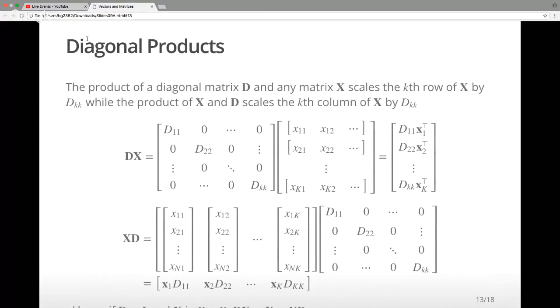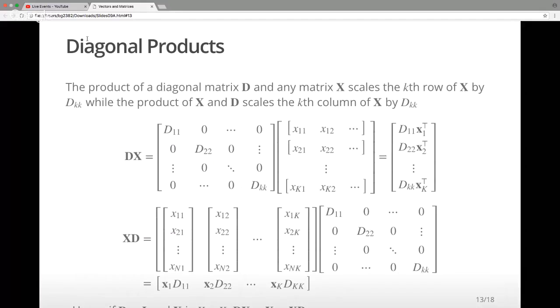One particular type of product, which is really just a special case of regular matrix multiplication, but we might as well talk about it separately, is the product involving a diagonal matrix, D, and some matrix X. So if I multiply D on the left, X on the right, presuming that these are conformable for multiplication, the result looks like this.